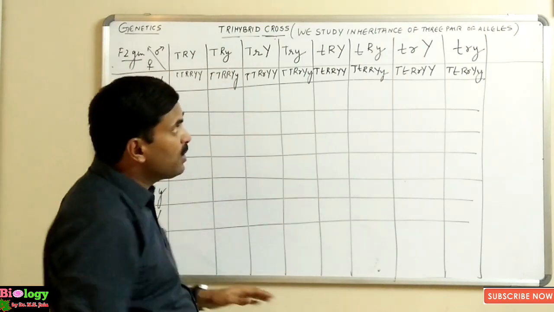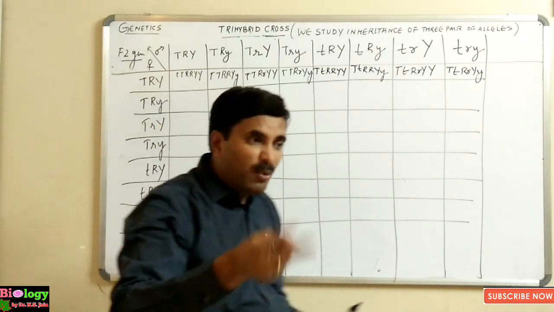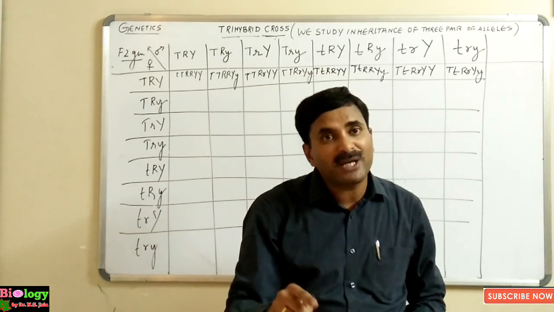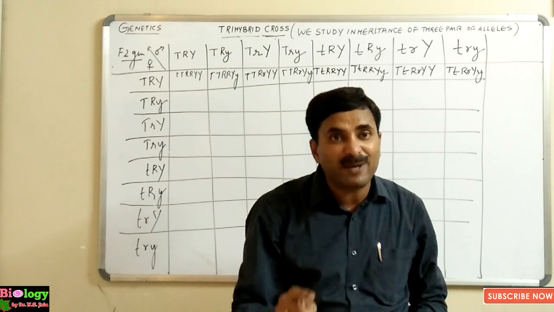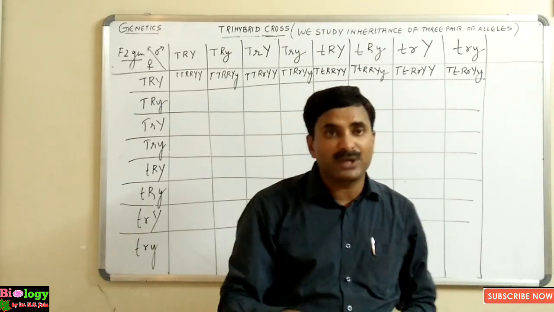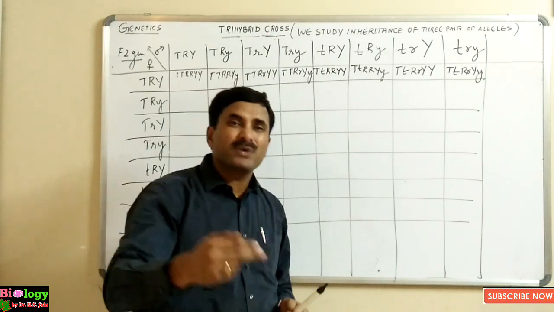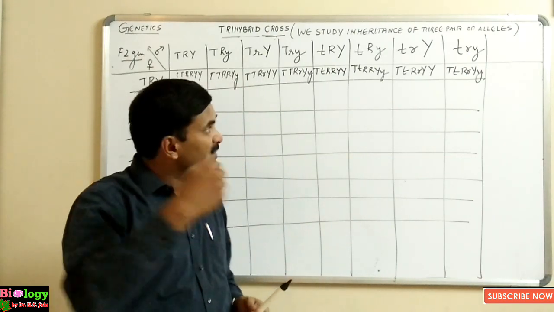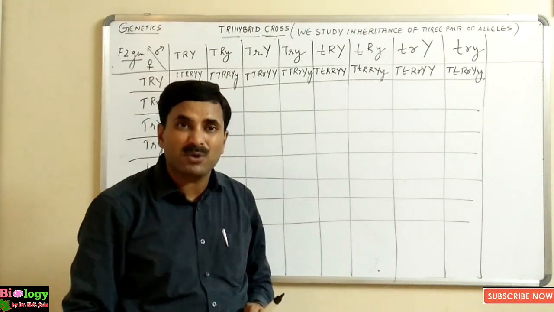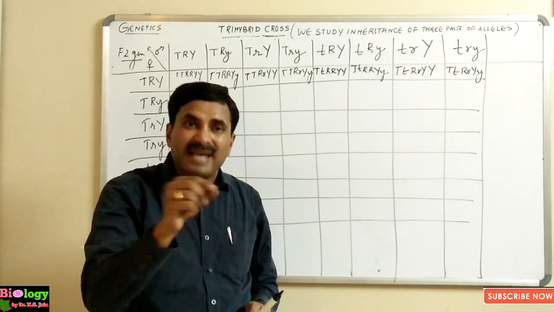Okay, now the question arises: like the monohybrid cross and the dihybrid cross, can we calculate the phenotypic ratio and the genotypic ratio of a trihybrid cross? Definitely, it's genetics and we can do it, but many students leave out the phenotypic and genotypic ratio of the trihybrid cross because it's a little lengthy.